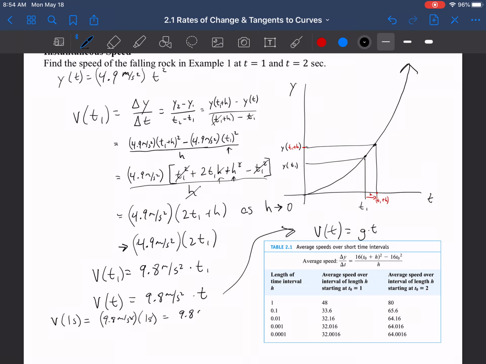This is 9.8 meters per second, which is exactly what acceleration is telling us. It's telling us we're going to increase speed by 9.8 meters per second every second, which is where we get that 9.8 meters per second squared. It's a meters per second per second. So every second that goes by, we increase by 9.8 meters per second.